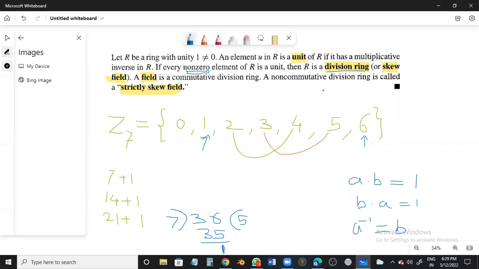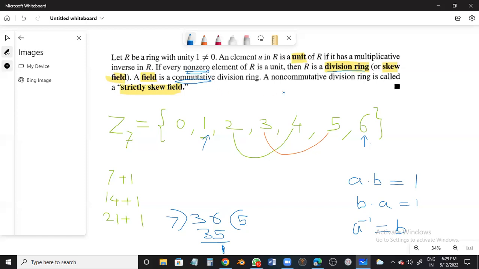So R along with usual addition and usual multiplication is a field. Now we impose the condition of commutativity. If it is commutative, if it is a ring with unity, and if every non-zero element is invertible, then we call it a field.